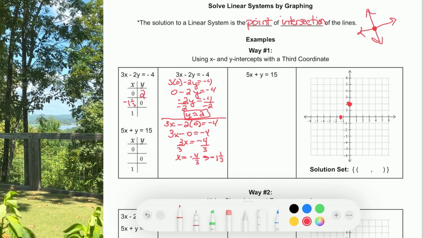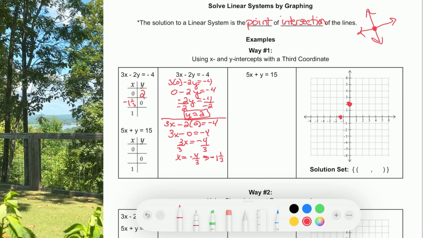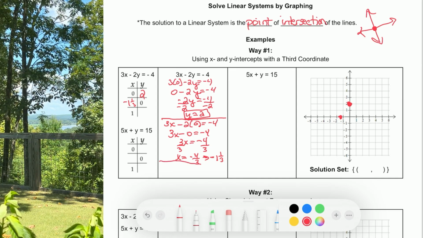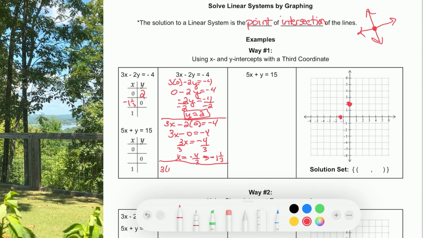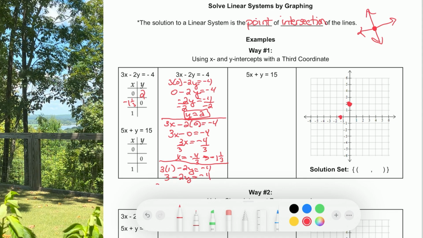I'm going to find a third coordinate, with 1 for x. So we've got to plug that in and see what that third coordinate is. So 3 times 1 minus 2y equals negative 4. 3 minus 2y equals negative 4. I'm going to subtract that 3.